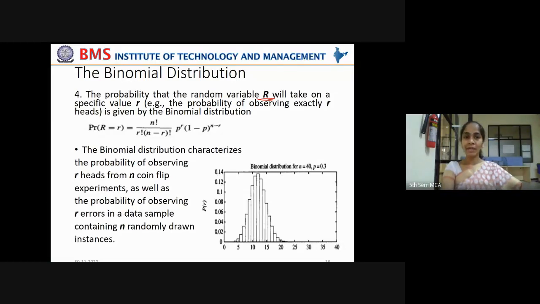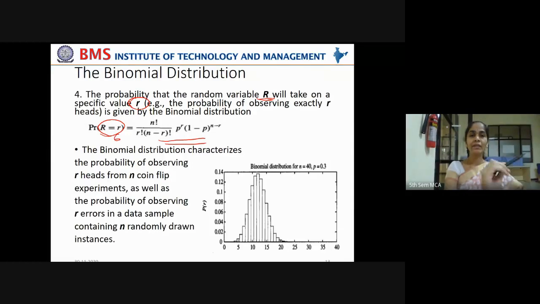The probability that the random variable R will take on a specific value R, whether it is 4 heads or 5 heads or 6 heads. What is the probability of 8 heads out of 10 coin tosses that are made? It is given by the binomial distribution P of R.